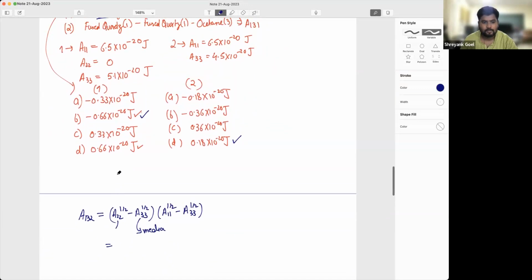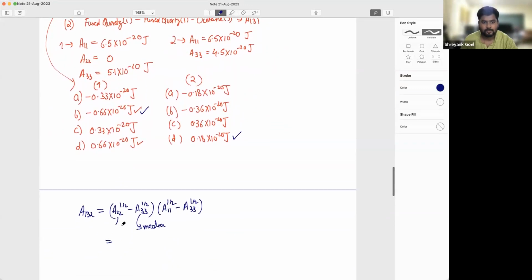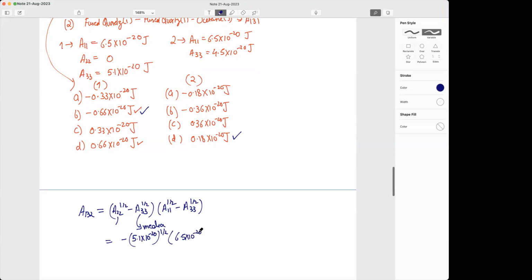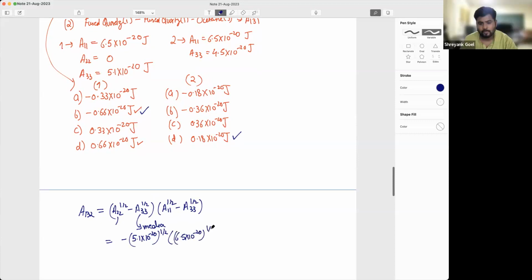So let's put the values here. A22 is 0, so it becomes minus of (5.1 into 10 to the minus 20) to the power half, and A11 is (6.5 into 10 to the minus 20) to the power half minus (5.1 into 10 to the minus 20) to the power half.